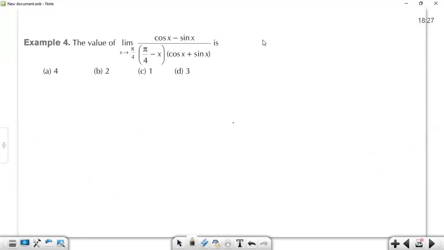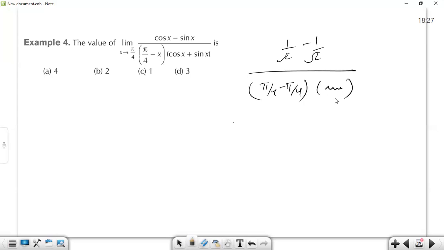Let us substitute the value of x equals pi by 4. So cos pi by 4 minus sin pi by 4 will be 1 by root 2 minus 1 by root 2, and pi by 4 minus pi by 4 will make it 0. Whatever the value of the other expression comes out to be, this is 0, this is 0. So this has become 0 by 0, right? So this is an indeterminate form. Now we can apply L'Hospital rule here.